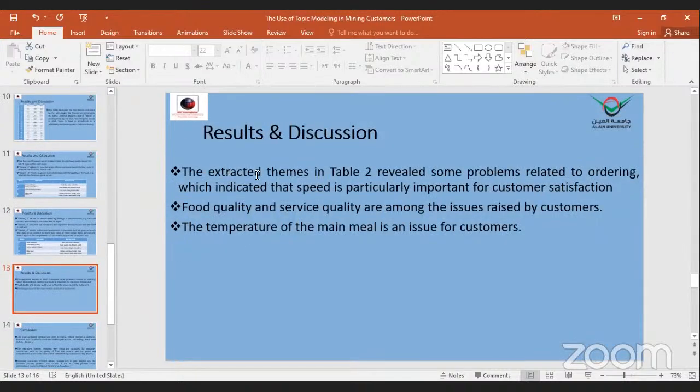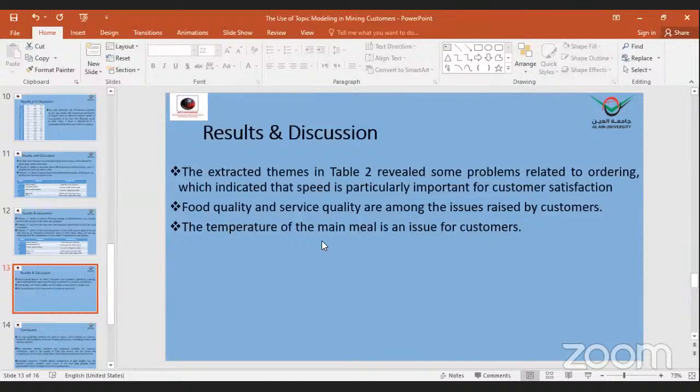As we can see, the extracted themes revealed some problems related to ordering, which indicated that speed is particularly important for customer satisfaction. Food quality and service quality are among the issues raised by the customers.